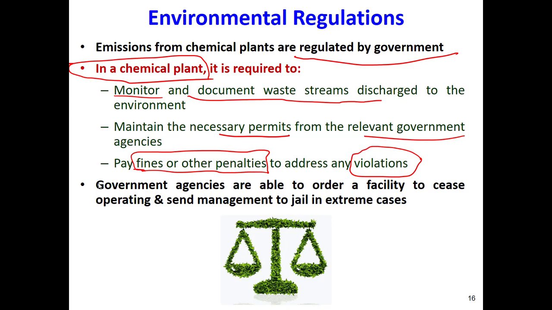In general, government agencies, like environmental ministries, have so much power that they can seize operations. They can stop operation of the plant and even send the management to jail. So in the extreme case, this can also happen.